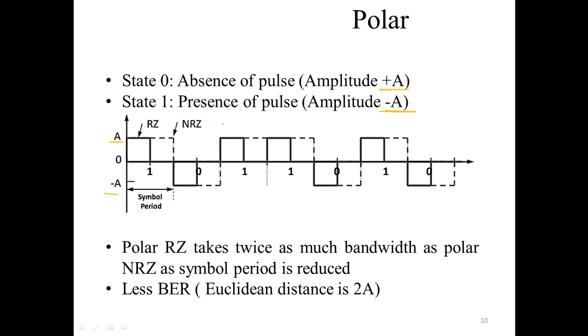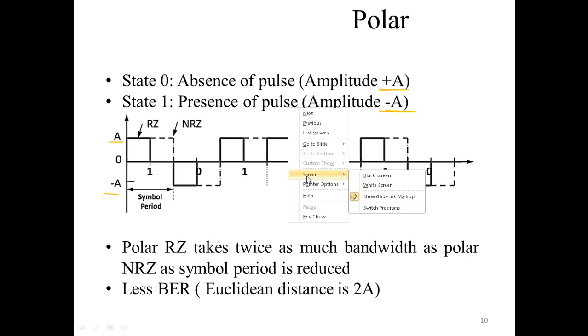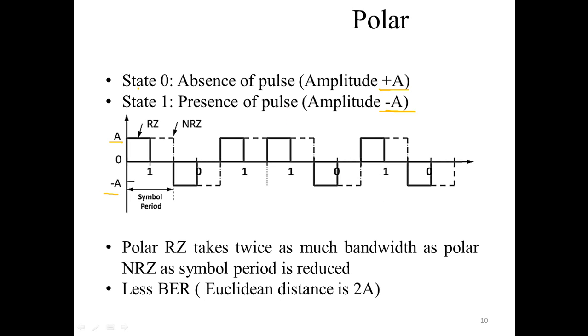Let's say we have declared that for 0 it will be plus A, and for 1 it will be minus A. Sorry, this is basically straight.